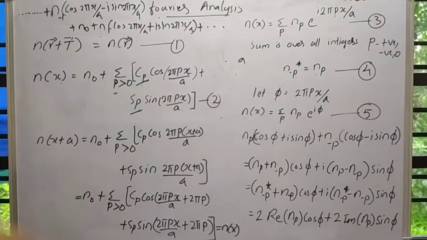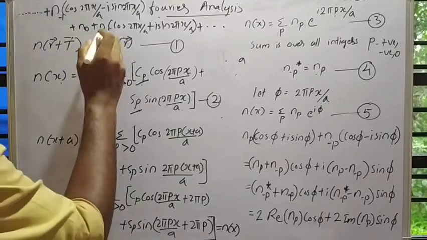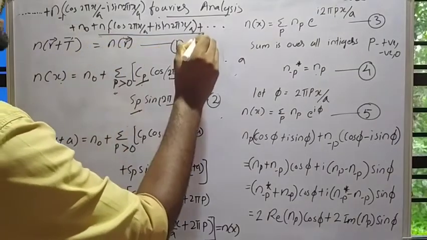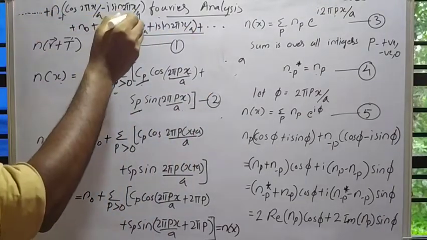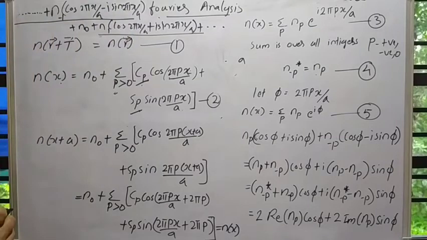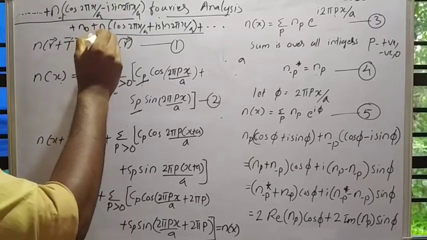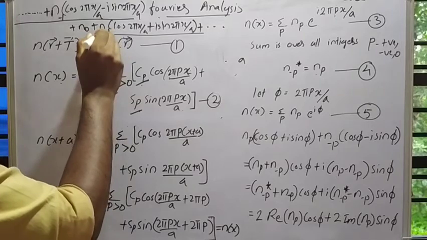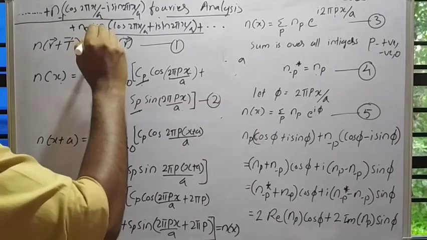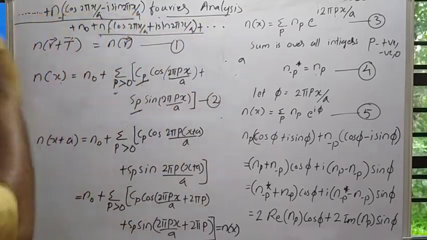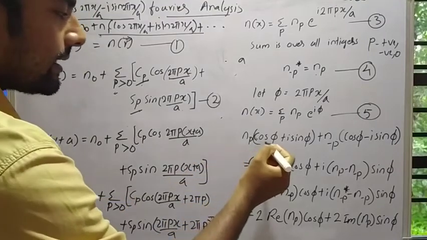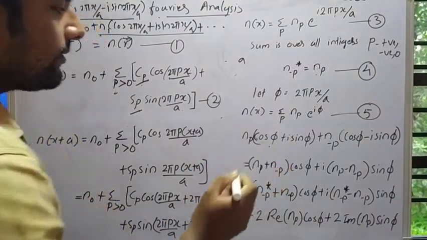And here in this step I am considering all the symmetric terms of the right side of n naught and the left side of n naught generally. When I am adding all symmetric terms in the right side and left side, I can write in a general form.